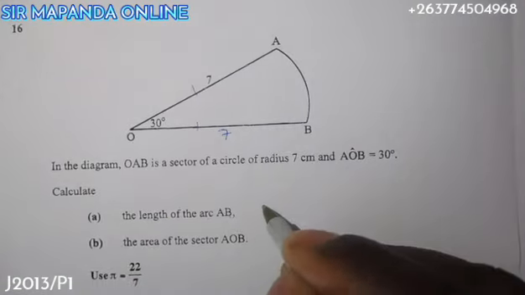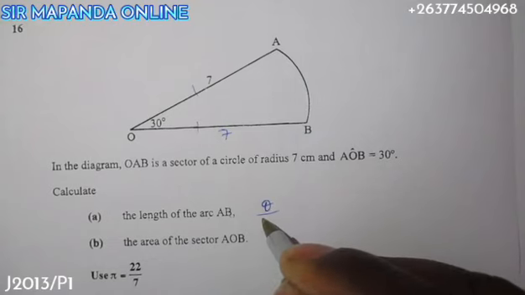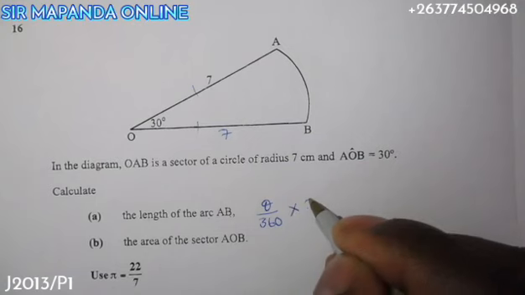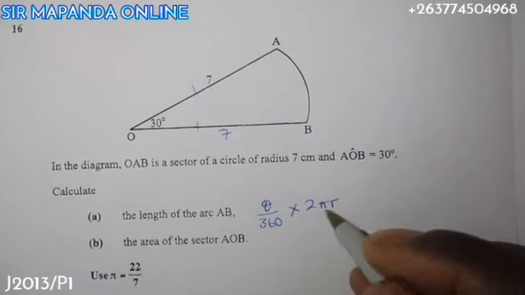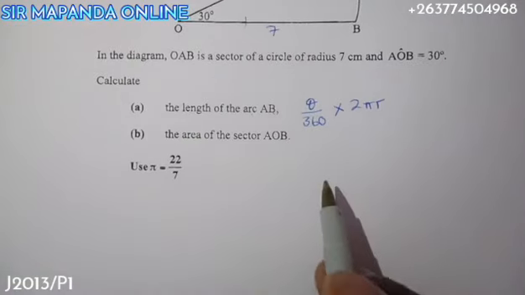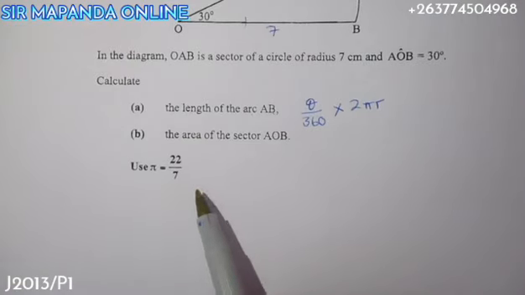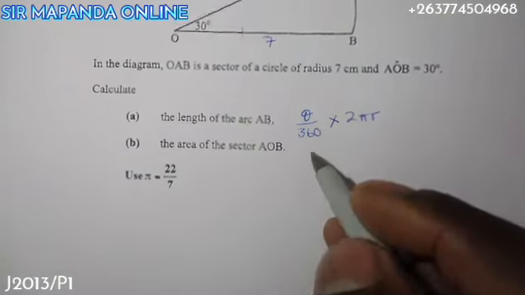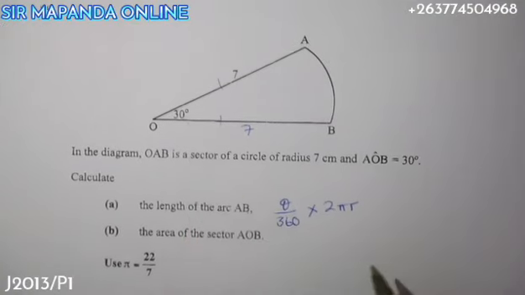So length of arc is found by the formula theta over 360 times 2 pi r, where 2 pi r denotes the circumference. The instruction of the paper is instructing you to use 22 over 7 for pi. And your theta is 30.